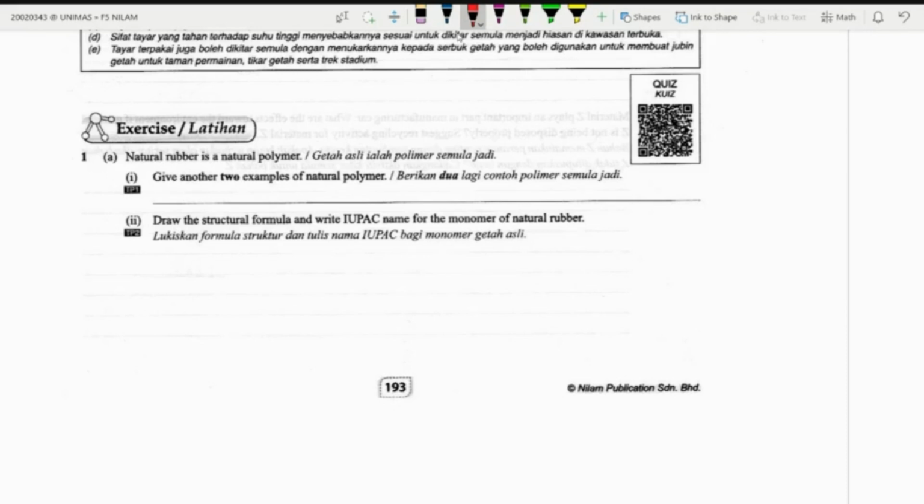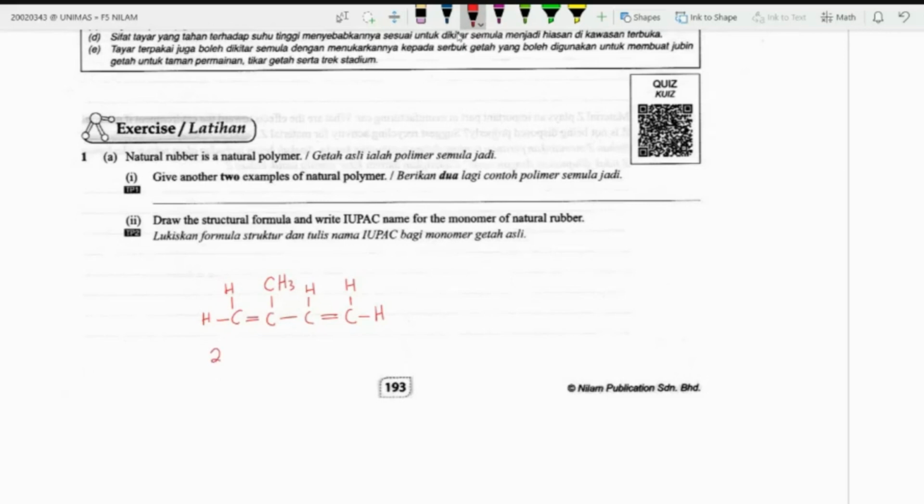If you draw it, I think you should be able to find it. It is 2-methylbuta-1,3-diene. So this is the structural formula.